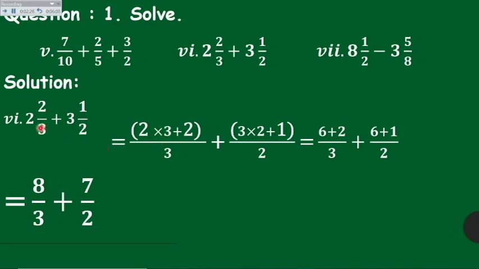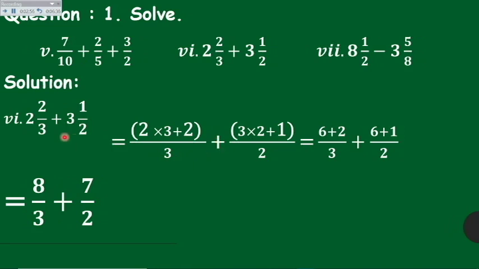Multiplication of the whole number with the denominator, addition of the result with the numerator, and the denominator is still the same. So here, 2 multiplied by 3, and whatever answer you get, you add with 2, and the denominator will be the same. Here the denominator is 3 and I have also written 3.